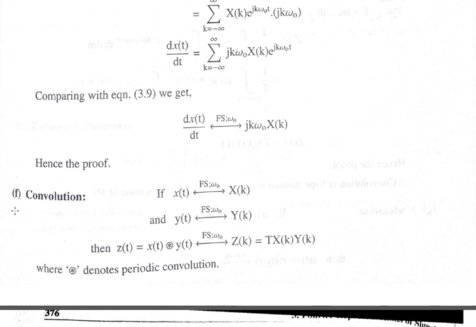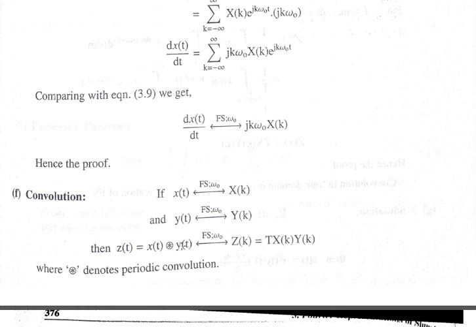This means if I have both time domain signals and I have to get their convolution, there is another way also. I can get the Fourier series of both the signals individually and then multiply them. After multiplying, I get the Fourier domain representation of the convolved signal.